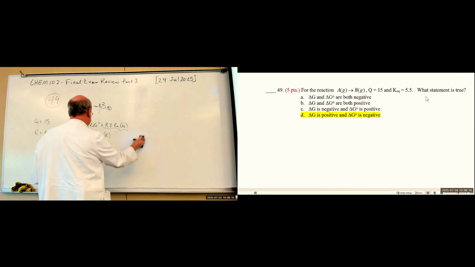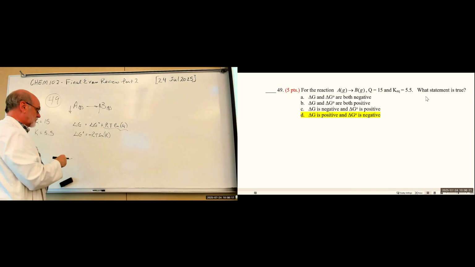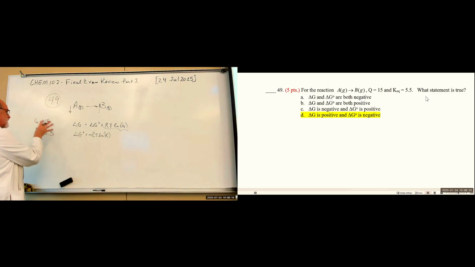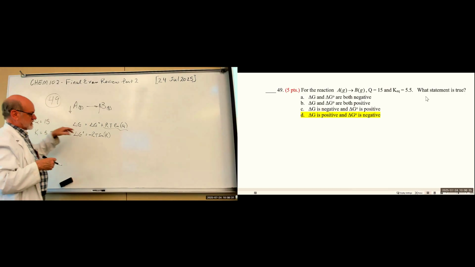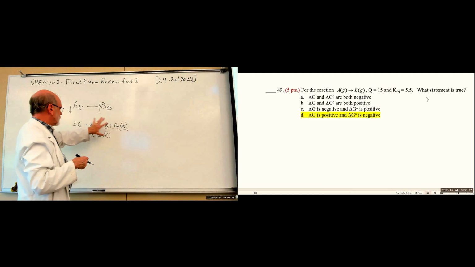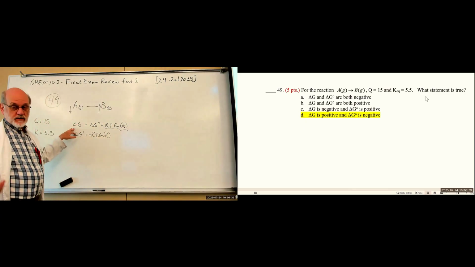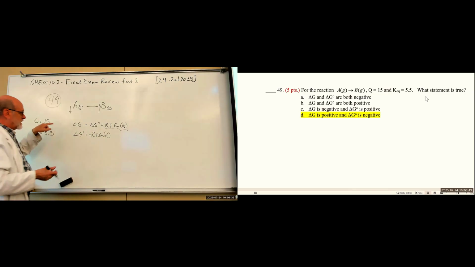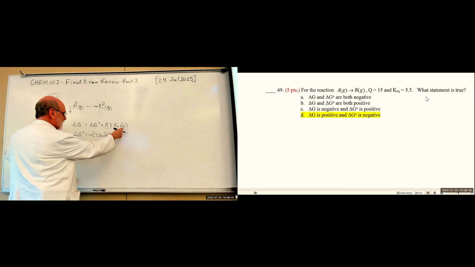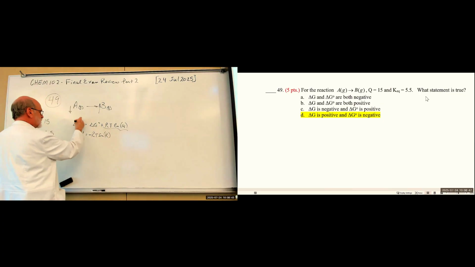So let's back up. Let's go back to these values. If we're looking at delta G, then we have to use this equation. And this is a very large value, which means that delta G is going to be positive. Right? With this value being large, put it in here. That means this one has to be positive.